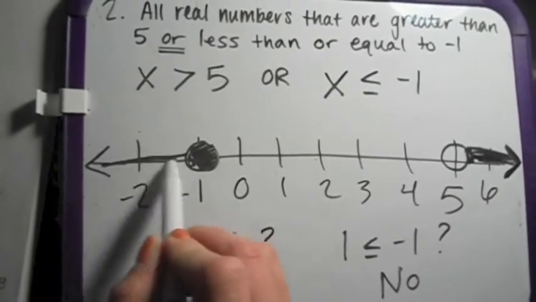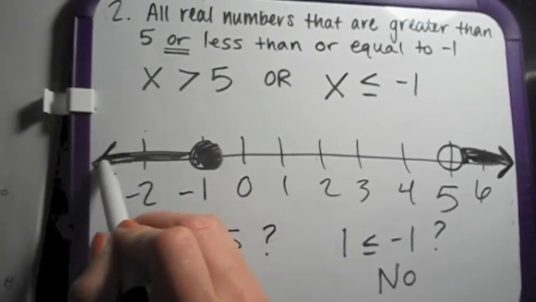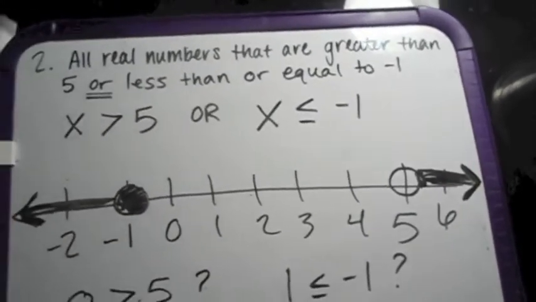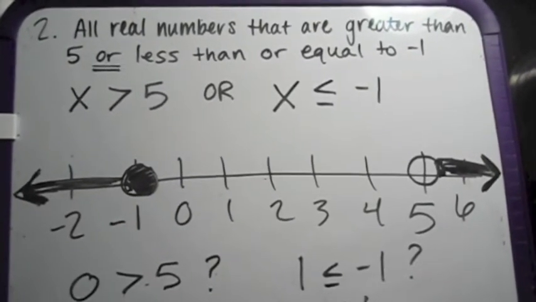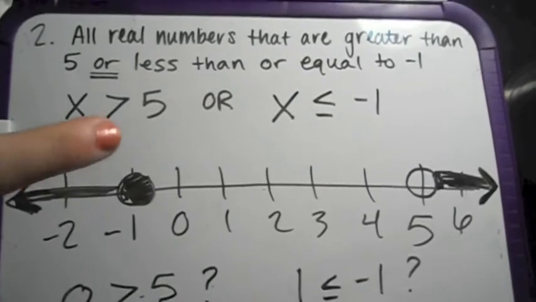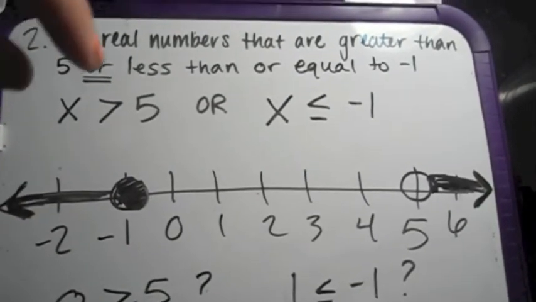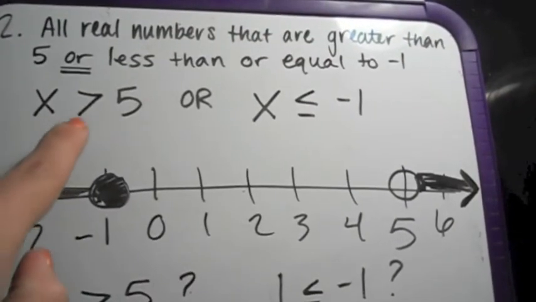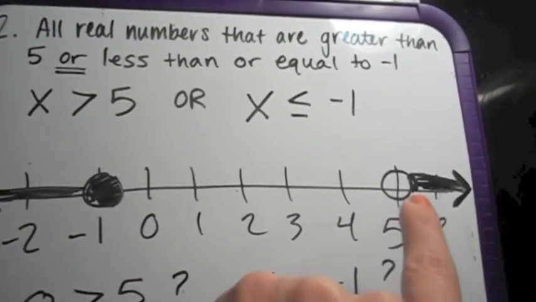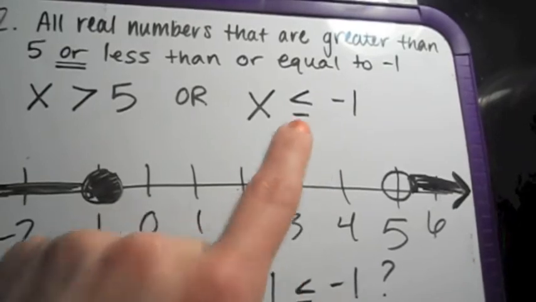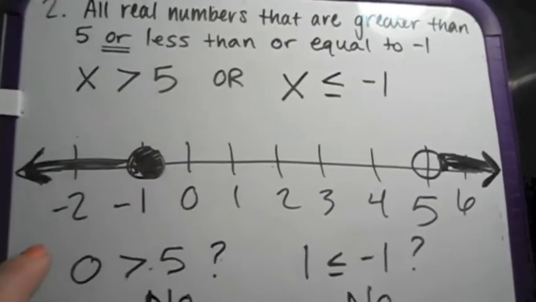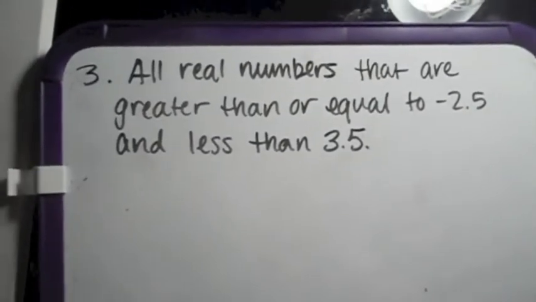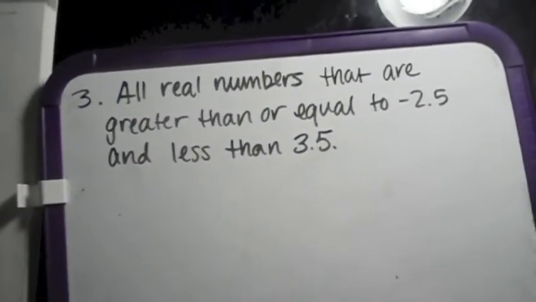Yes, it is. And this is what an or compound inequality looks like. Because it can be this or that. x is greater than 5 is graphed here. x is less than or equal to -1 is graphed here. And that's how you solve number 2.